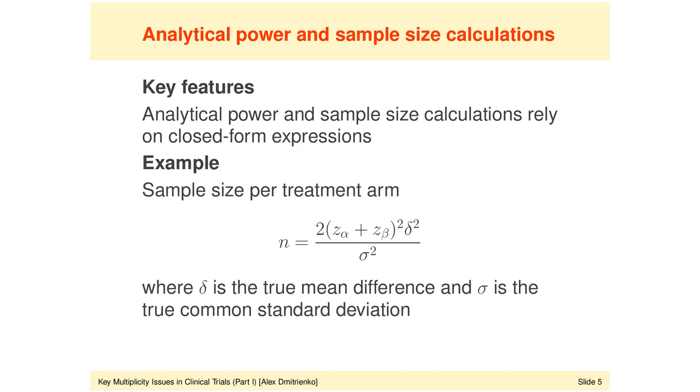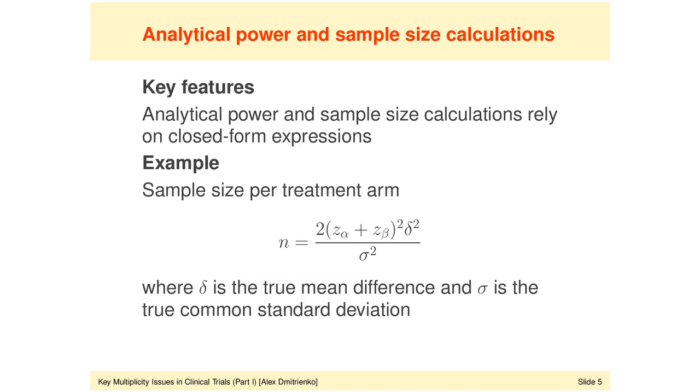This sample size per treatment arm is a very simple function of the type 1 and type 2 error rates, denoted by alpha and beta. It also depends on the delta, which is the true mean treatment difference, and the sigma, and that is the true common standard deviation.